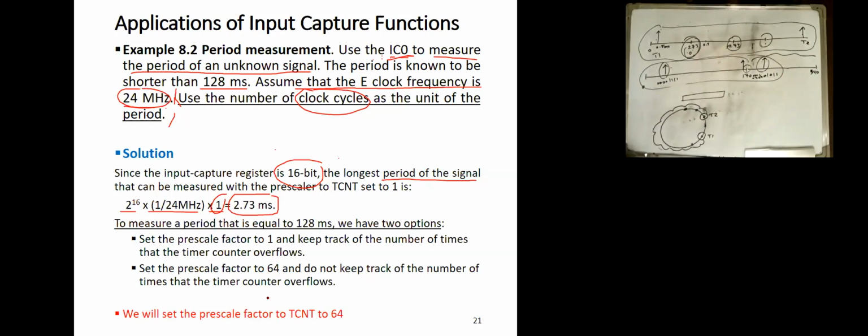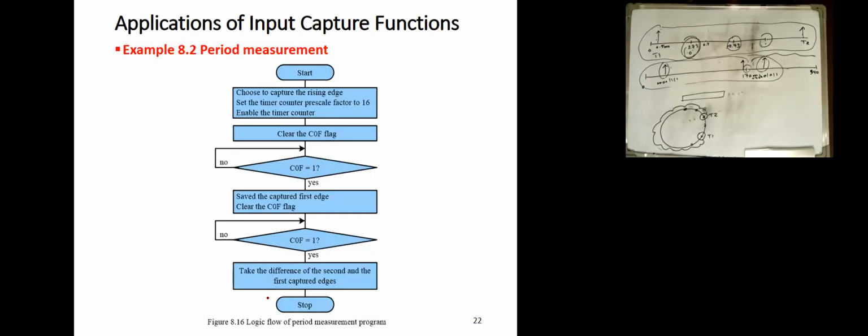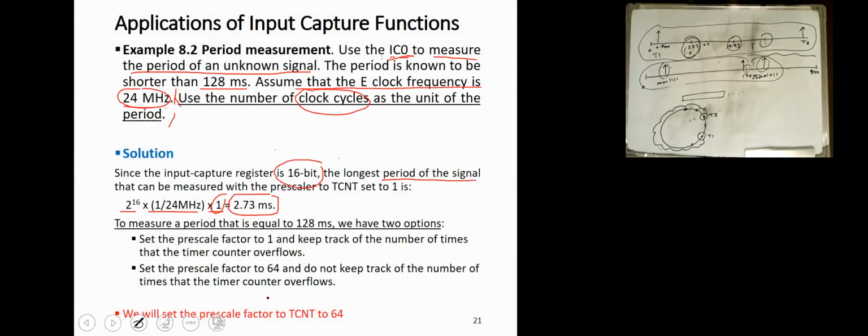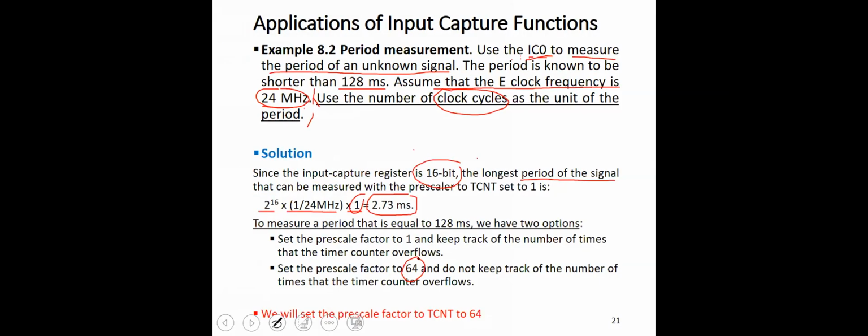There is an example later that details this, but in this example, we will stick to this approach, which is setting the prescaler to 64 for the timer, and basically subtracting T2 minus T1.